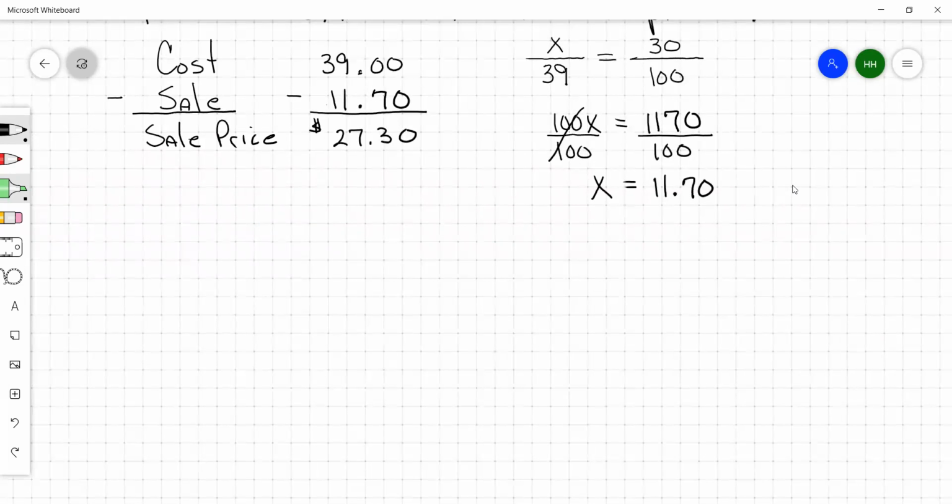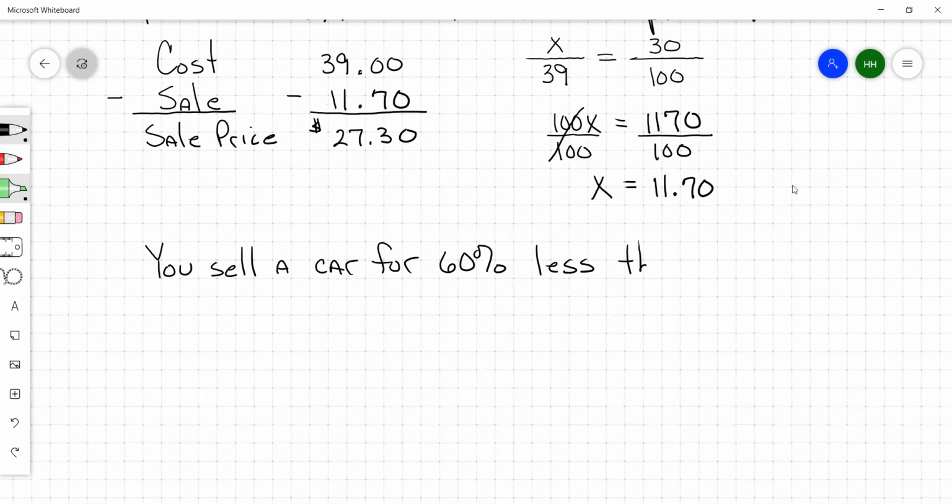Let's try this. You sell a car for 60% less than what you paid.